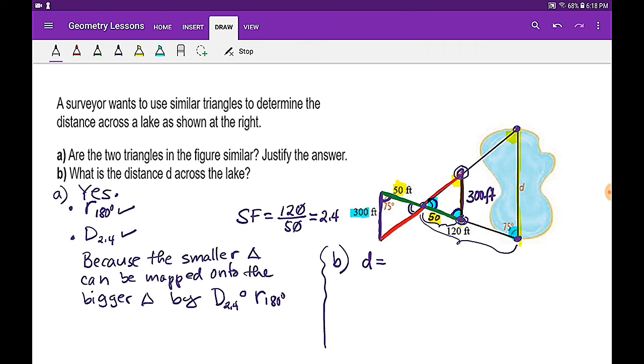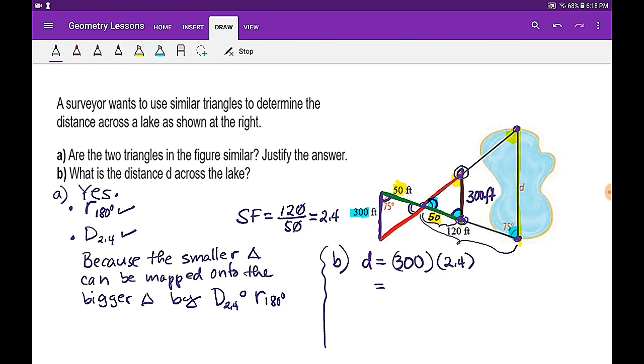So D must be equal to, if we are to find the dilation of 300 feet following the same scale factor, D must be equal to 300 feet times, what's the scale factor? 2.4.